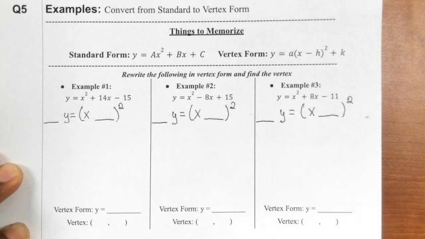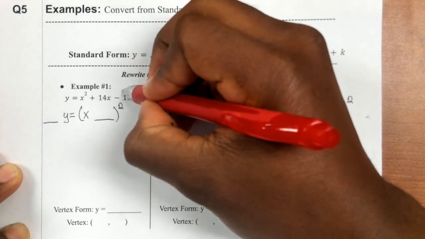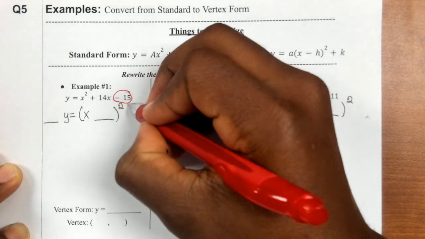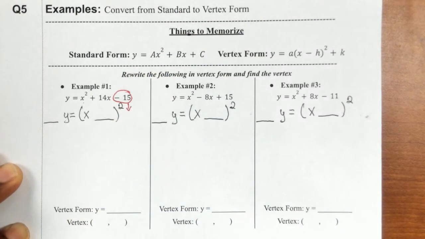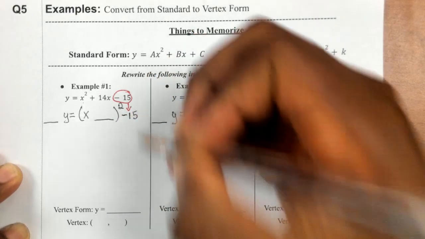The first thing you're always going to do, guys, is take your constant, the number that has neither an x squared nor an x, and bring it down.